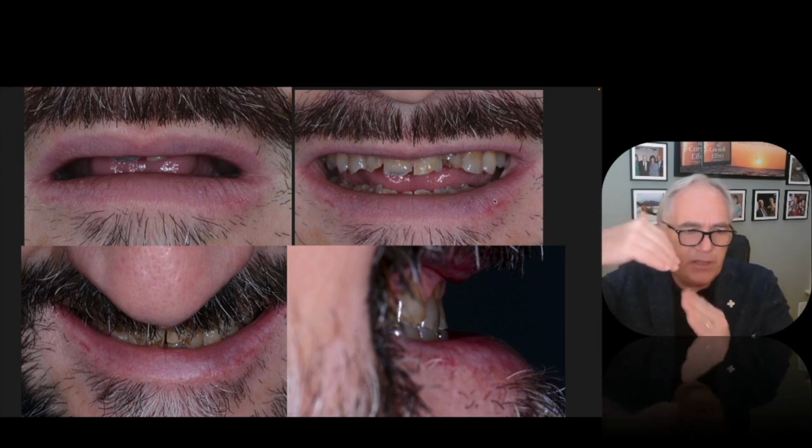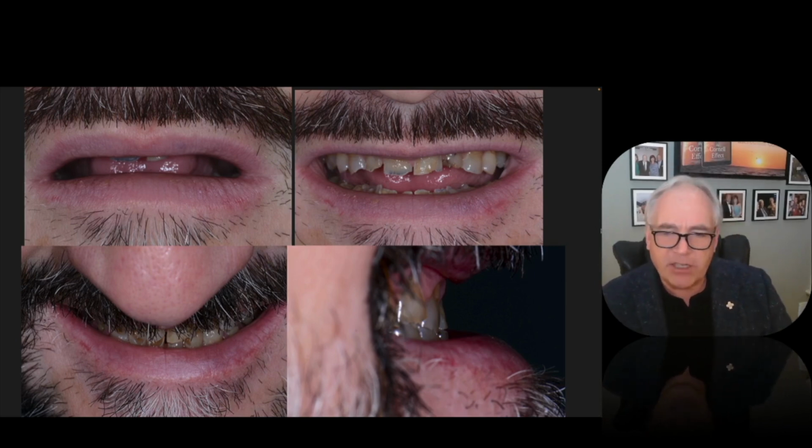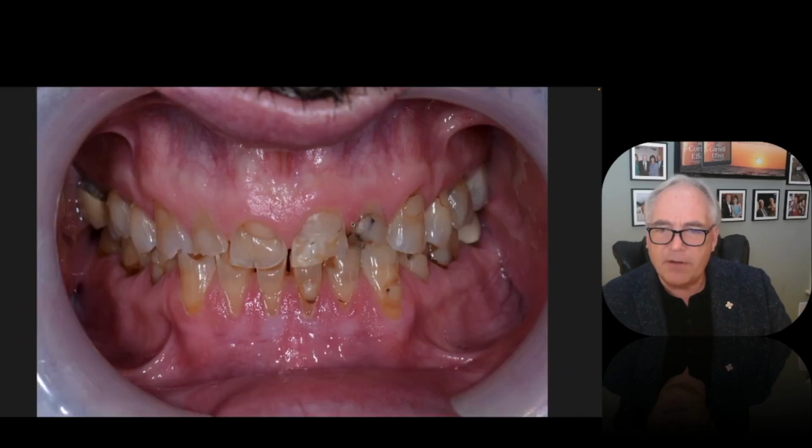So they end up with this edge-to-edge sort of pseudo class 3 relationship. If the wear is fast enough, they also might be losing a little bit of vertical dimension as well. Talk about that in a second.